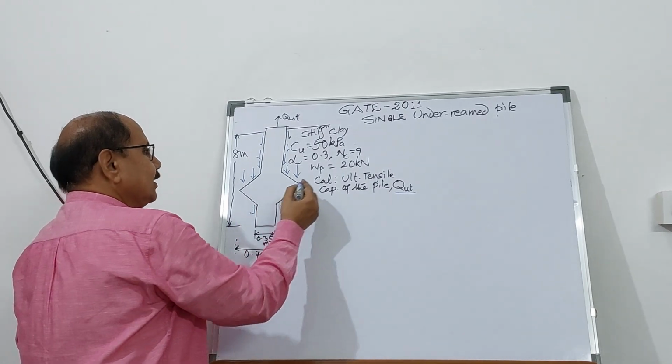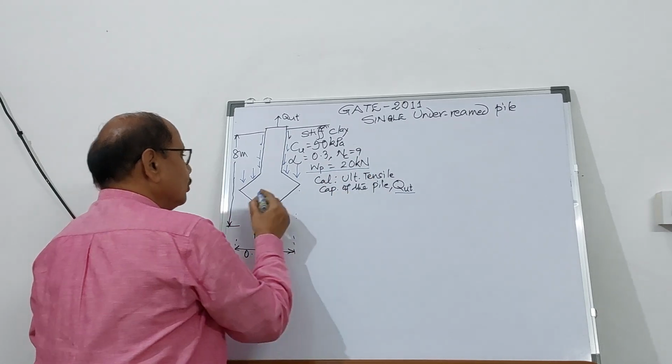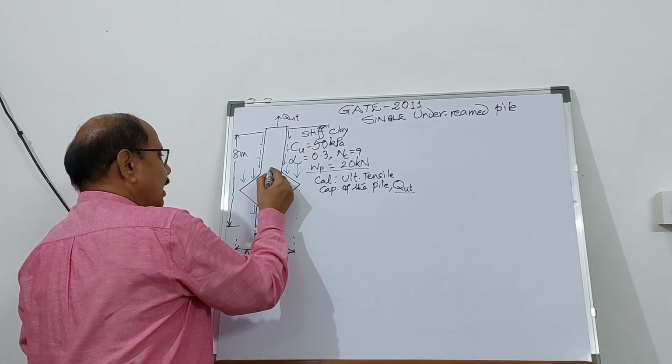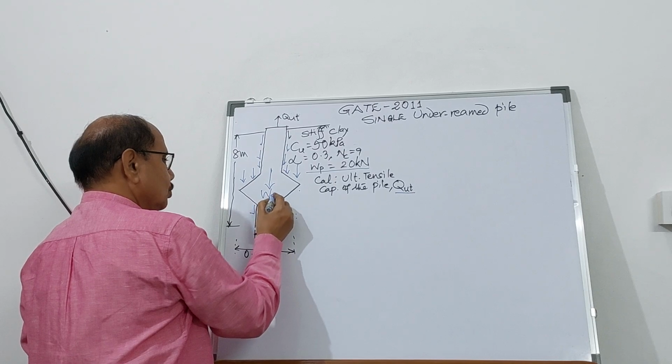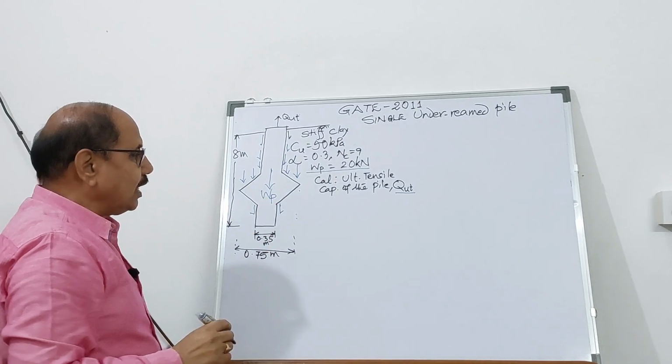Naturally, here the weight of the pile is also given to you. The weight of the pile will pass through the CG. So WP is the weight of the pile.